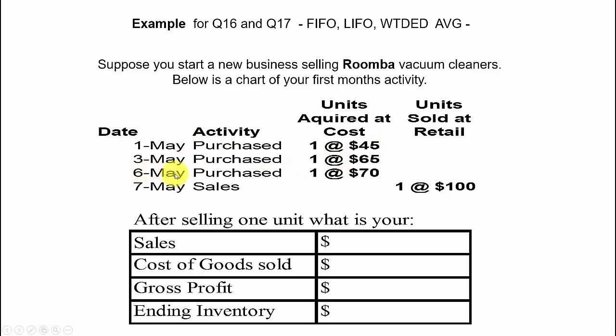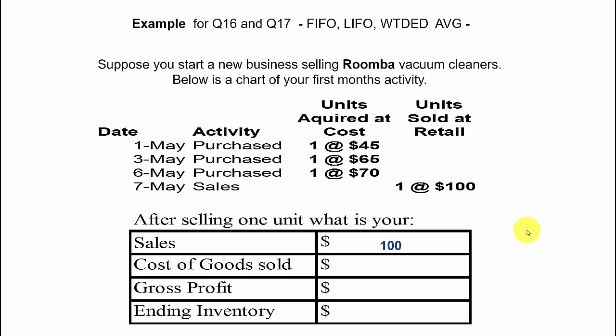And on May the 6th, you bought another one at $70. And now it looks like you've sold one on May the 7th for $100. So the question is, the one that you sold for $100, what did it cost you? Which one of these three was it? And we're not using specific identification in this situation. We're using one of these three methods of FIFO, LIFO, or weighted average. So let's see what we've got.